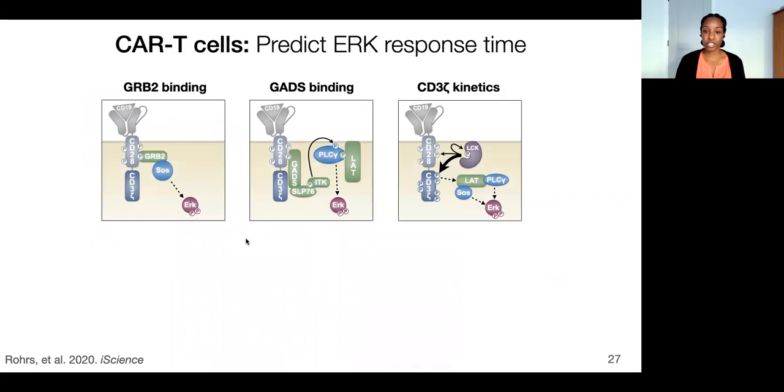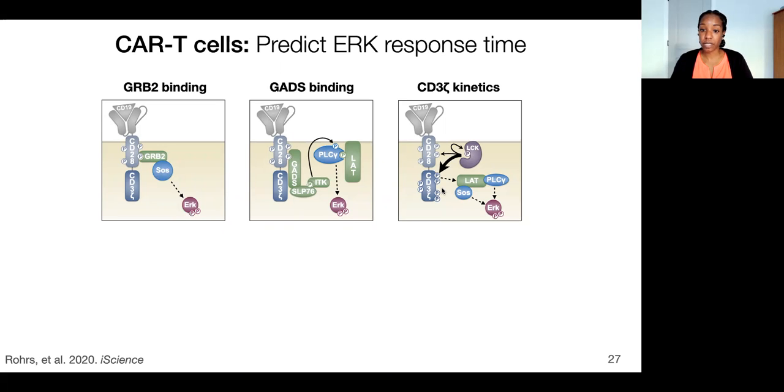To answer this question, we used our mathematical model and implemented different hypotheses about how CD28 could be influencing ERK phosphorylation. I mentioned that there are two adapter proteins. One is called GRB2, one is called GADS. They bind to CD28 and in different ways influence ERK phosphorylation, either through the LAT signalosome or straight through the MAPK signaling.